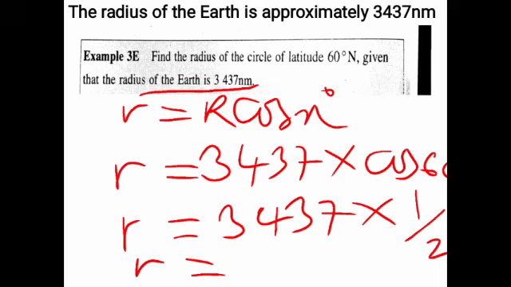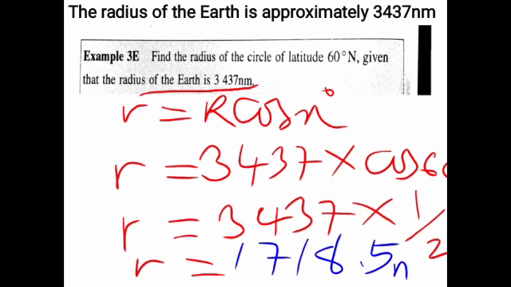We're going to have 1,718.5. Now, in this case, it's nautical miles because the radius of the Earth was given in nautical miles.